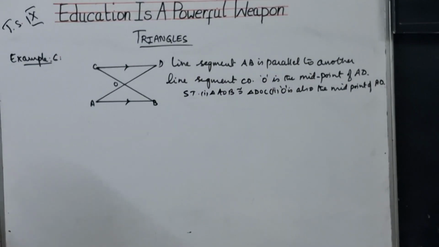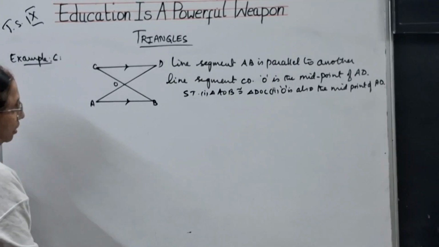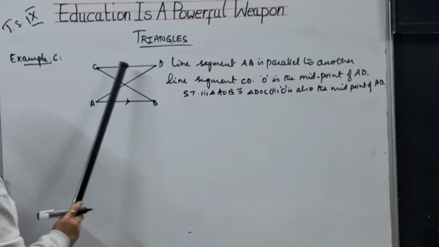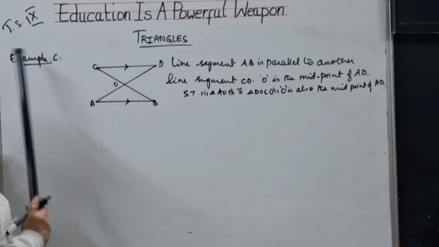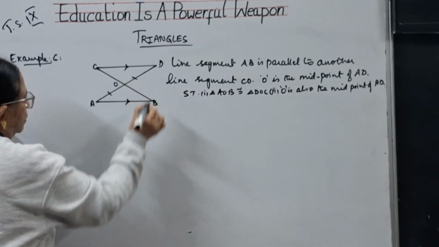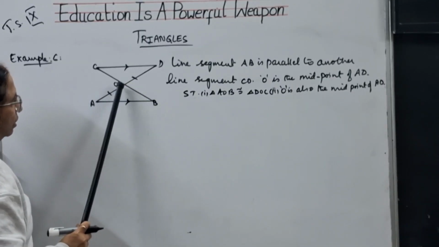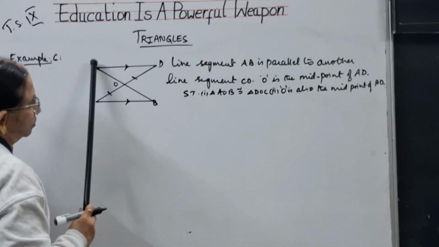Now example 6, children. See, the figure is given in this way. Line segment AB is parallel to another line segment CD. O is the midpoint of AD. That means these two are equal. Then you have to prove that triangle AOB is congruent to triangle DOC.